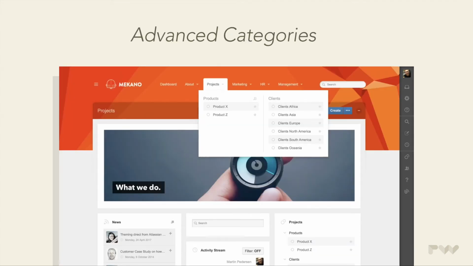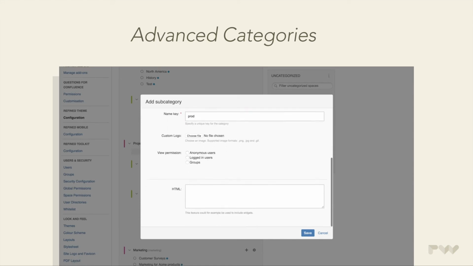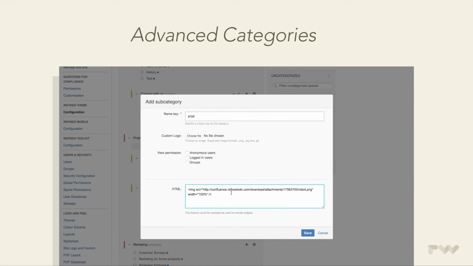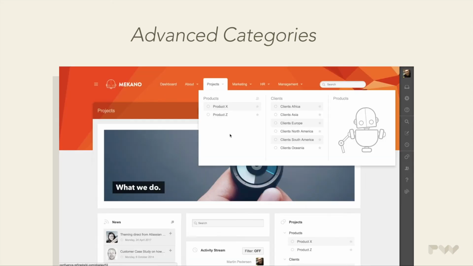The same thing also goes for categories. Actually, we have an advanced category system where you can add pretty much the same modules to your category menu as well. So I'm going to add an HTML module here, and I'm going to paste an IMG tag to show a little robot here.